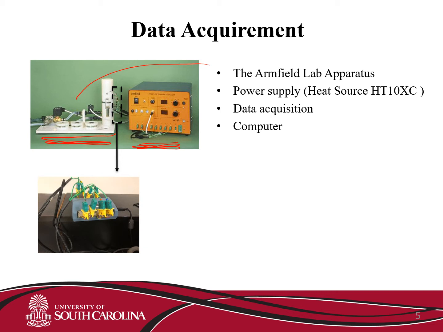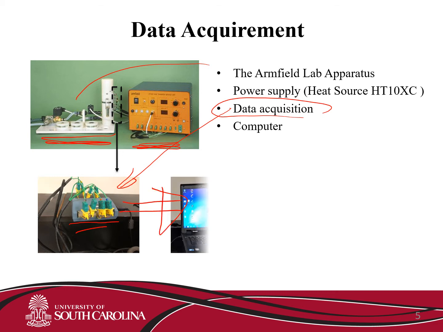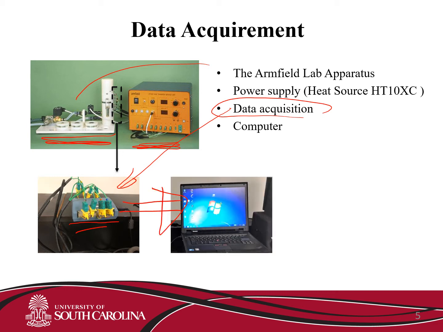Eight thermocouples are connected to the sample. These thermocouples are connected to the data acquisition unit, and from the data acquisition unit, we connect to a LabVIEW program. From the LabVIEW program, we record the data: the data acquisition sends a signal to the program, and then you get the temperature.